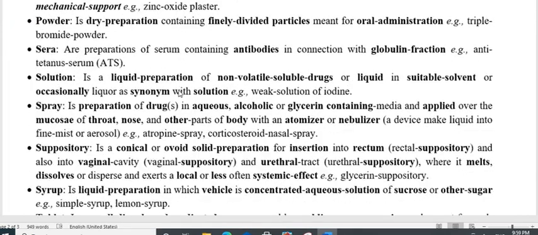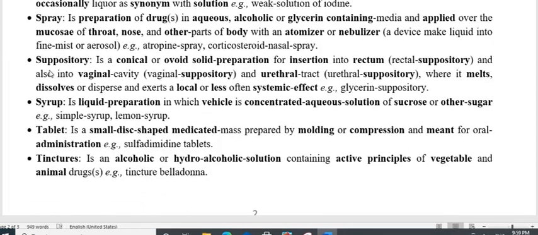And one more term quite similar to that is the suppository. Suppository is also a solid preparation, particularly conical or wide in shape, and it is not only inserted in the female genitalia, vagina, but it is also kept in the rectum and in the urethra.